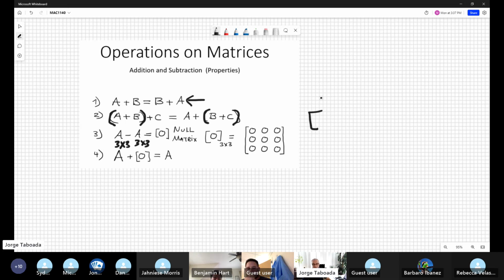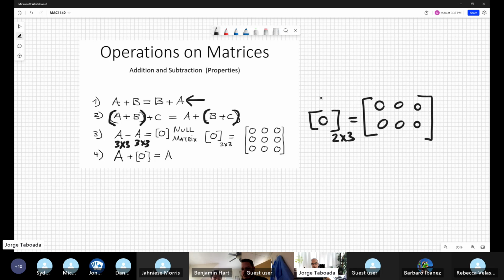Suppose another matrix is 2 by 3, 2 rows and 3 columns. It's another null matrix in other dimensions. So the difference is that a matrix is an object that contains higher dimension.